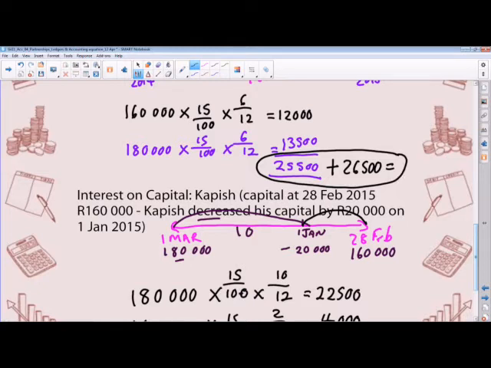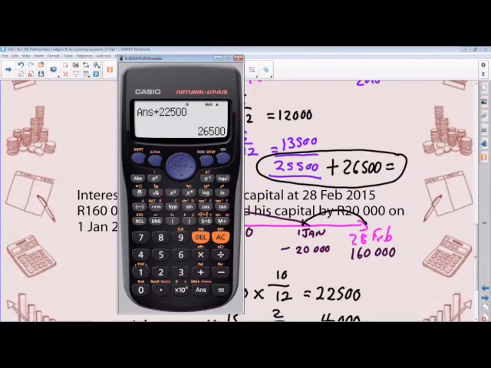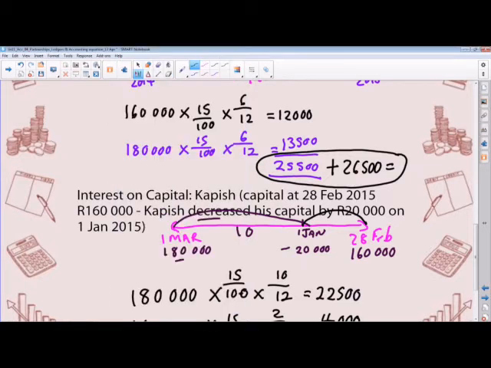So let's get the amount and then we'll go to the ledger account. So I've already got 26,500 plus 25,500, and that gives me an amount of 52,000. Okay, you guys with me? Right, so let's enter this amount in. So 52,000. Let's go back to our ledger.